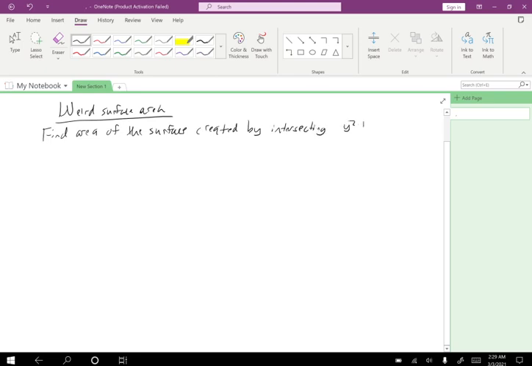We're going to intersect the cylinder y squared plus z squared equals 1 with the cylinder x squared plus z squared equals 1. Which are two cylinders, and they go in different directions.